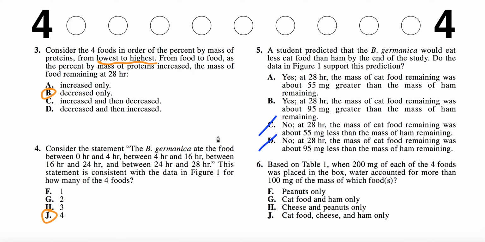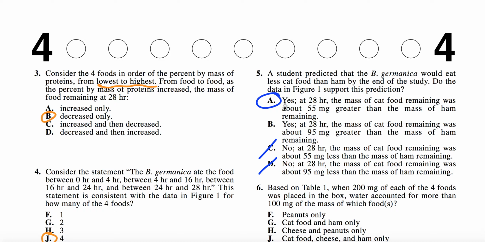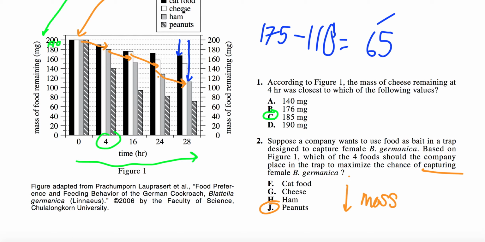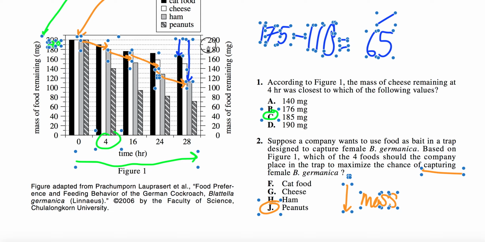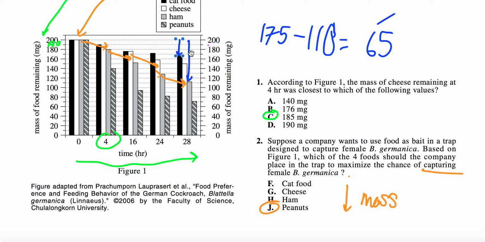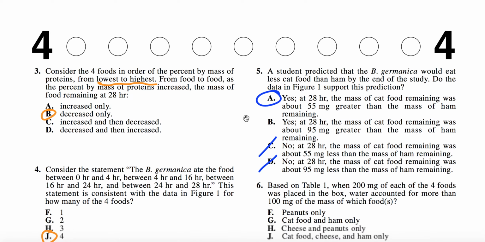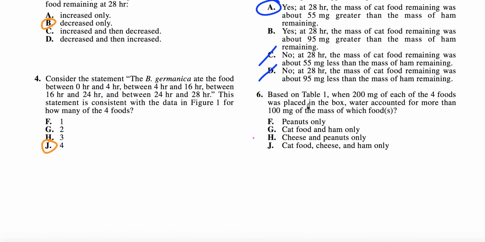I guess 55 is good, so we go with A here. 95 is too great of a difference. In magenta here, we want this distance right here, the difference between these two lengths.